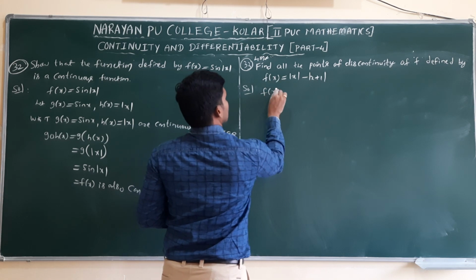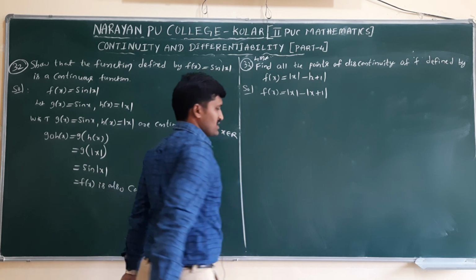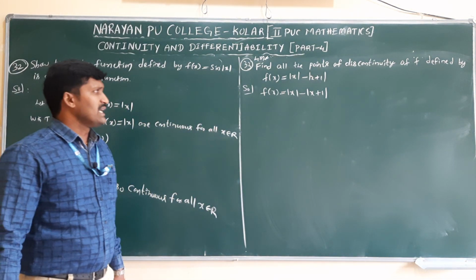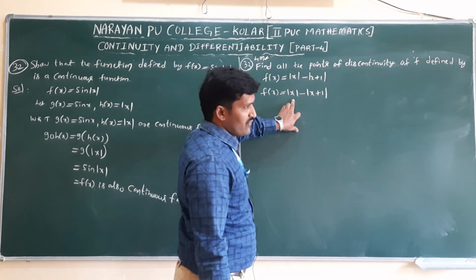Now what is f of x given? Mod x minus mod of x plus 1. Here mod x is clearly a continuous function, mod of x plus 1 is also continuous.